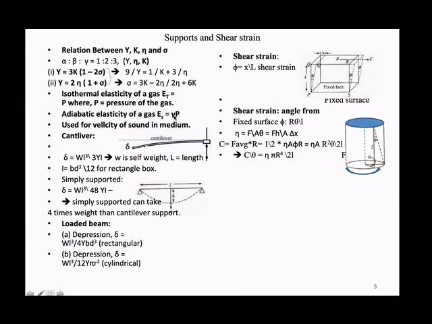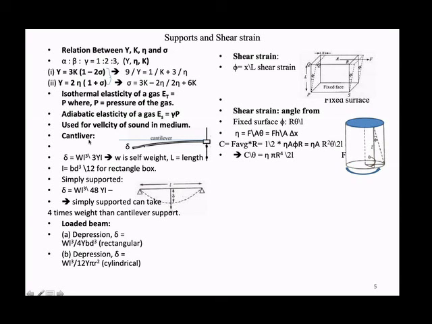So it will be adiabatic compression, and then it is gamma P. This is the Laplace correction; P was Newton's assumption, and then Laplace corrected it to gamma P. Why do we use this? It is helpful in finding the velocity of sound in a medium, which is root of gamma P by rho. That is why these two are useful.